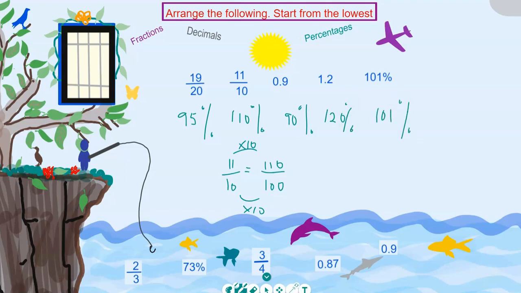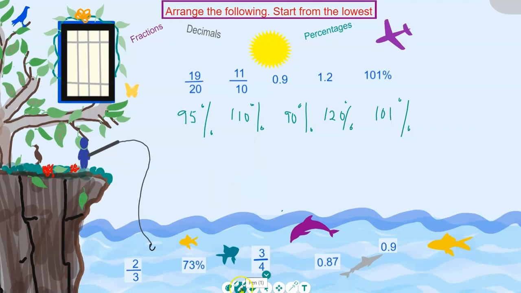Okay, so we're going to arrange them in order now. So the lowest one here is 90%, and that is 0.9. And just cross that out. Followed by 95%, which is 19/20. Followed by 101%.